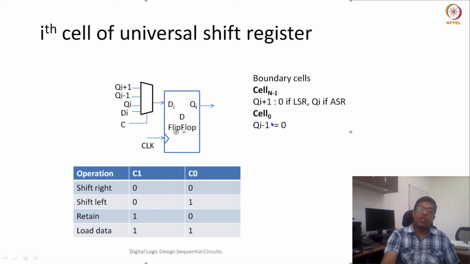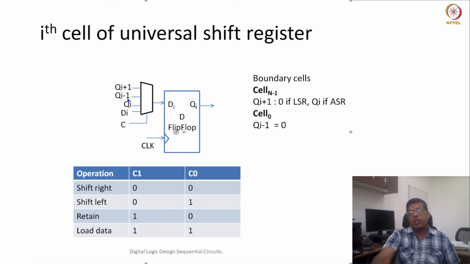Similarly, cell 0 will also be a boundary cell. Because there is no Q minus 1, we can directly tie it to 0. So that way my cell 0 will be a boundary cell, it would have a slightly different implementation.